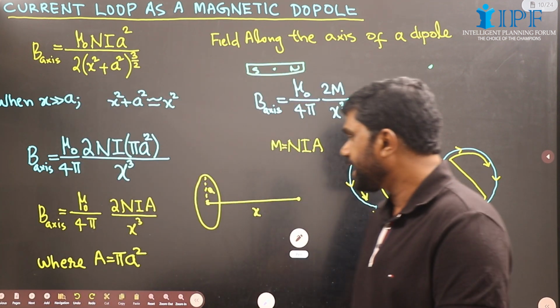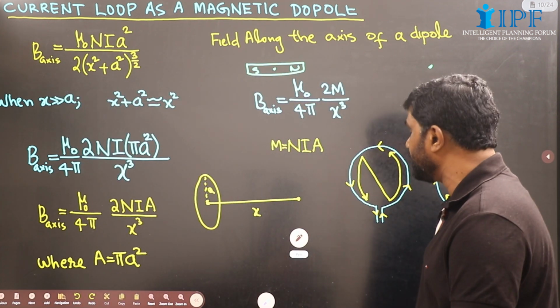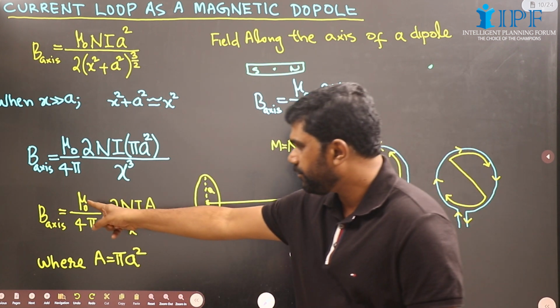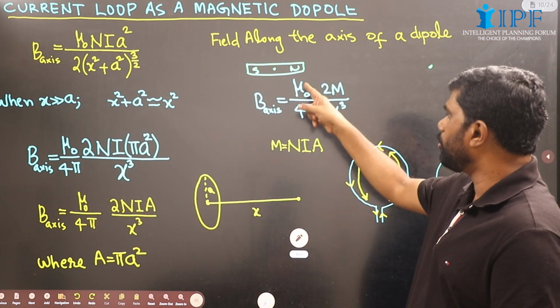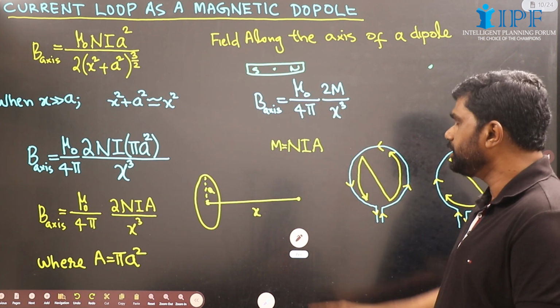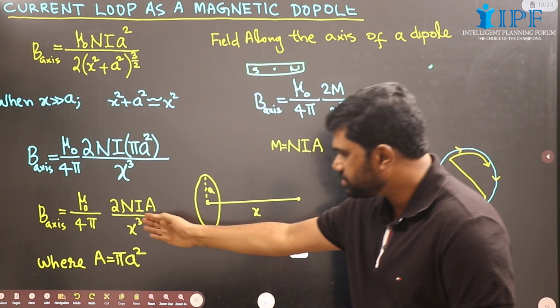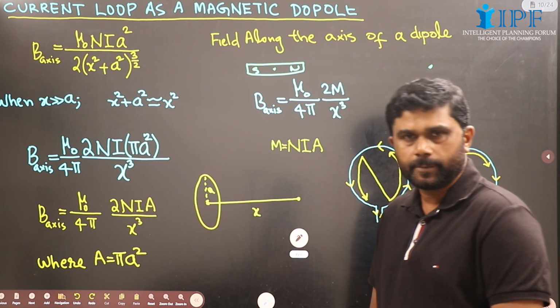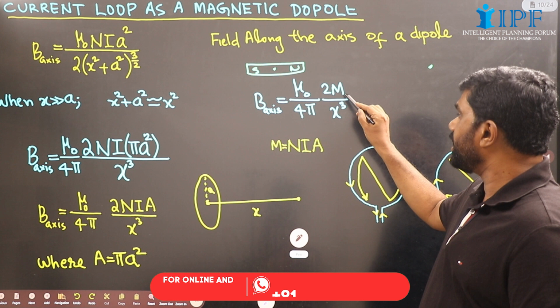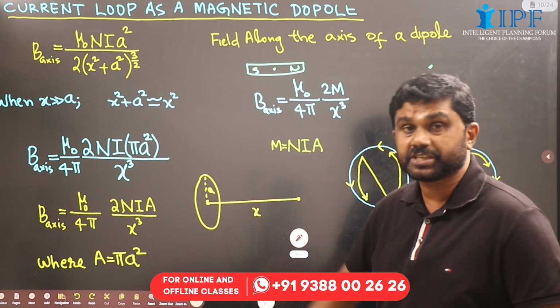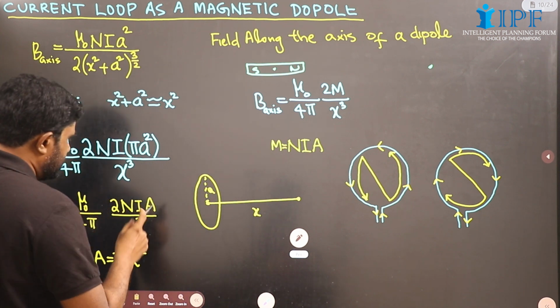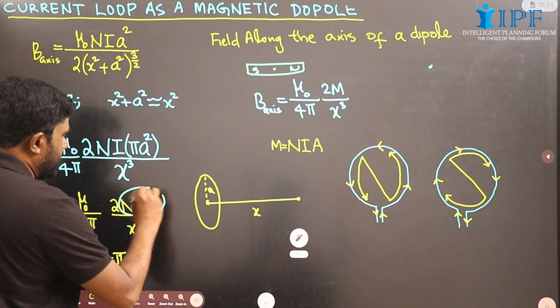Now let us see the expression for the magnetic field along the axis of a current loop. Here we have mu 0 by 4 pi, here also we have mu 0 by 4 pi. In the denominator there is x cube, here also we have x cube. Here we have 2, here also we have 2. Then here we have m, and in this expression what stands for m? That is NIA.